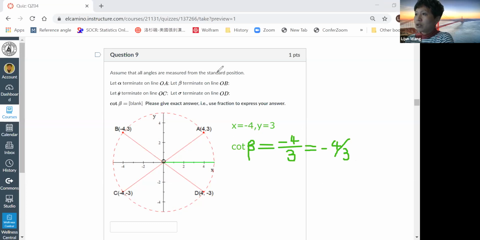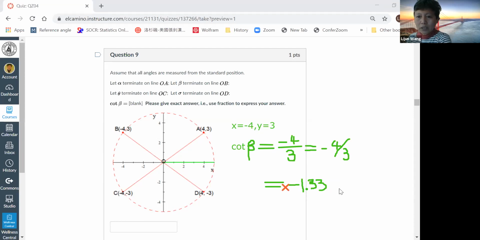Suppose you entered -1.33. This answer is considered wrong.